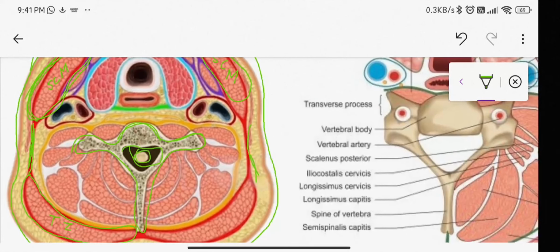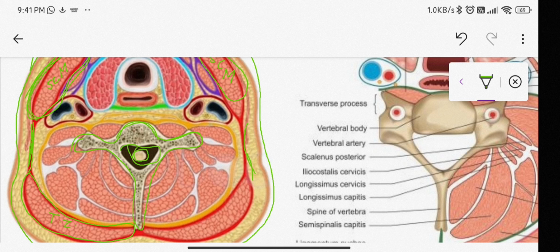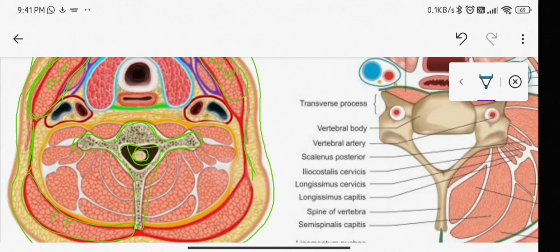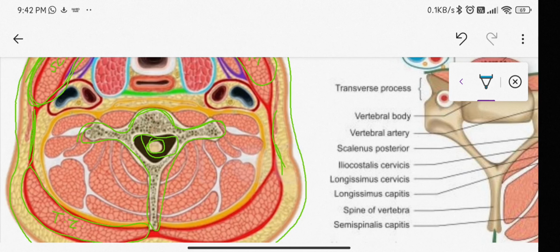So another fascia we have is prevertebral fascia. Okay, so this prevertebral fascia means that is present just anterior to the vertebra. So this one, this is prevertebral fascia, and it is present just anterior to the vertebra, and it is covering the paravertebral muscles that are present just parallel on each side of the vertebra, and the muscles that are present just anterior to the vertebra, these are prevertebral muscles.